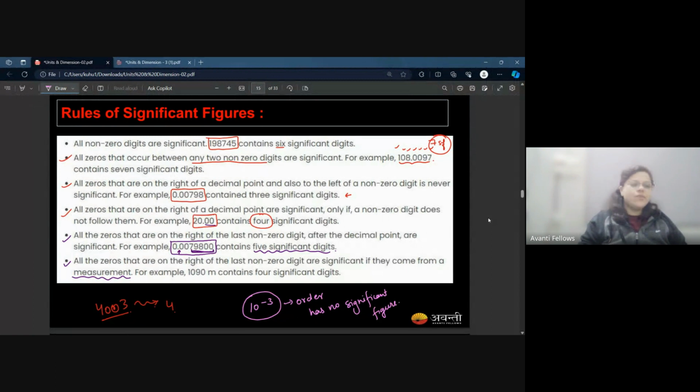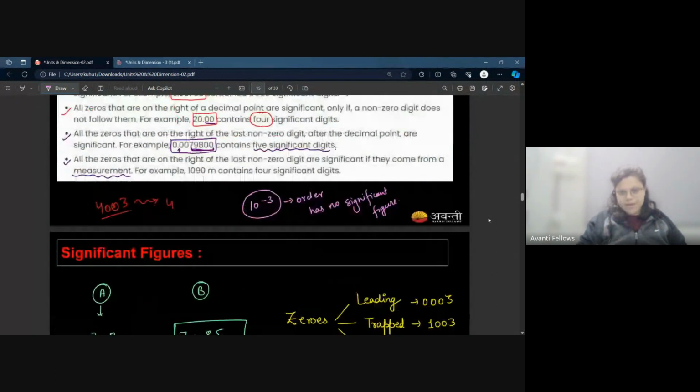If I gave you a pure number, for example, you have the perimeter of the square, and that is 4 times the side, right? I'll ask you about this number. Can you tell me how many significant figures we have over here? She would answer me, ma'am, infinite significant figures.